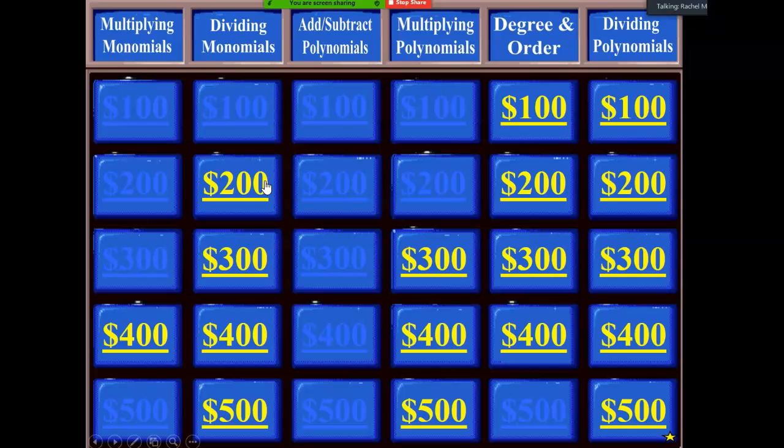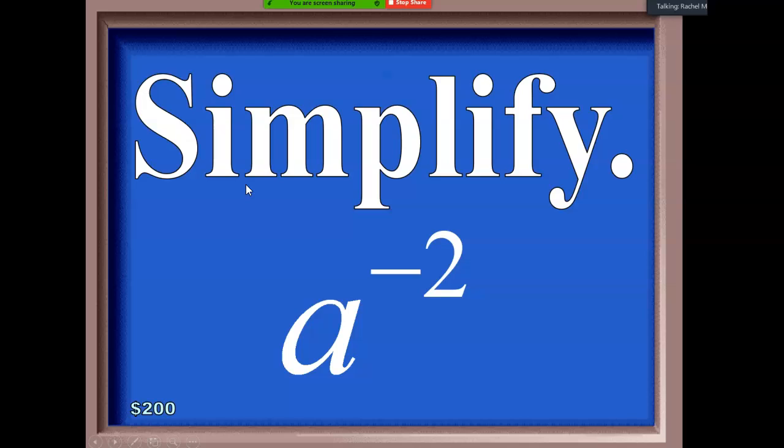I'll give a score update in a minute. That is correct. We cannot have a negative exponent.